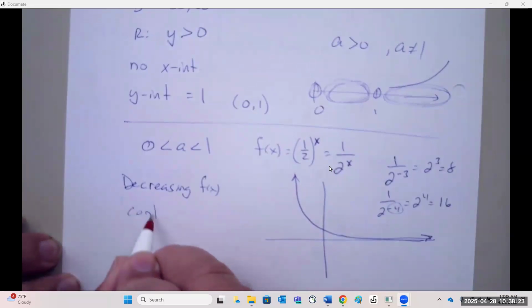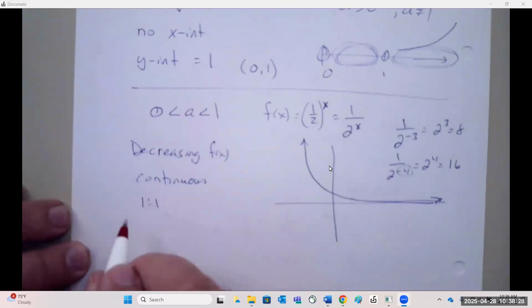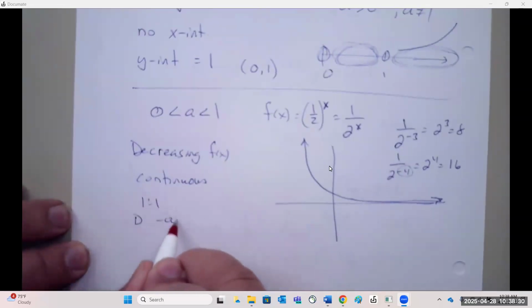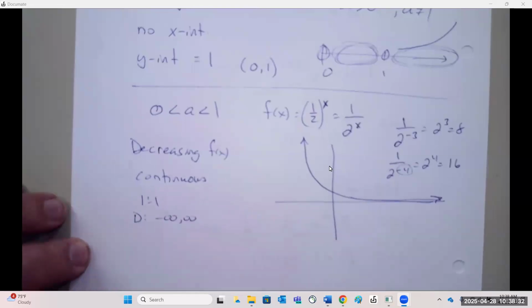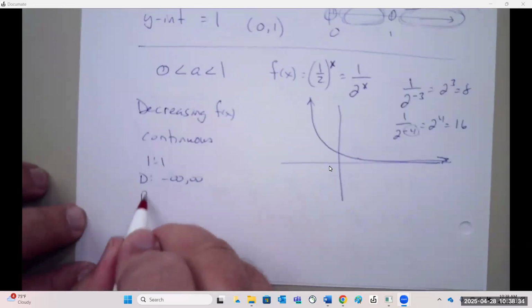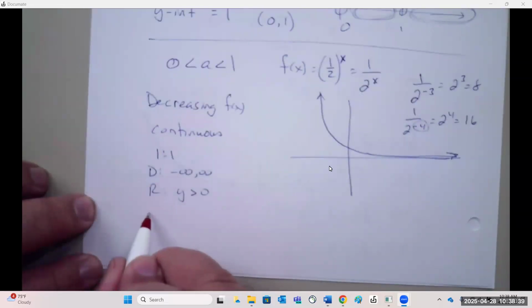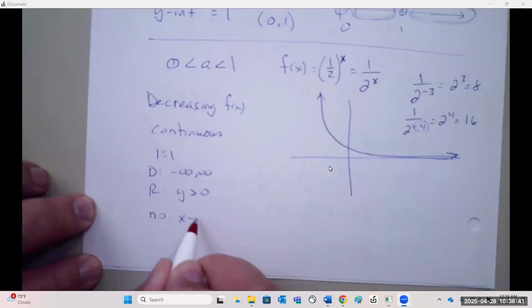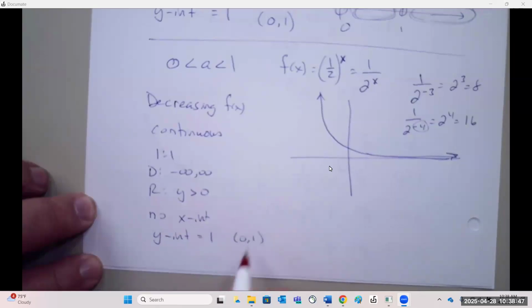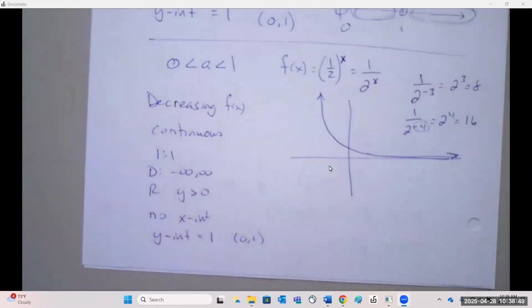It's continuous. It's one-to-one. The domain is all real numbers. The range is greater than 0. No x-intercepts. The y-intercept is equal to 1, so it's at (0, 1). And there you have it, same thing.